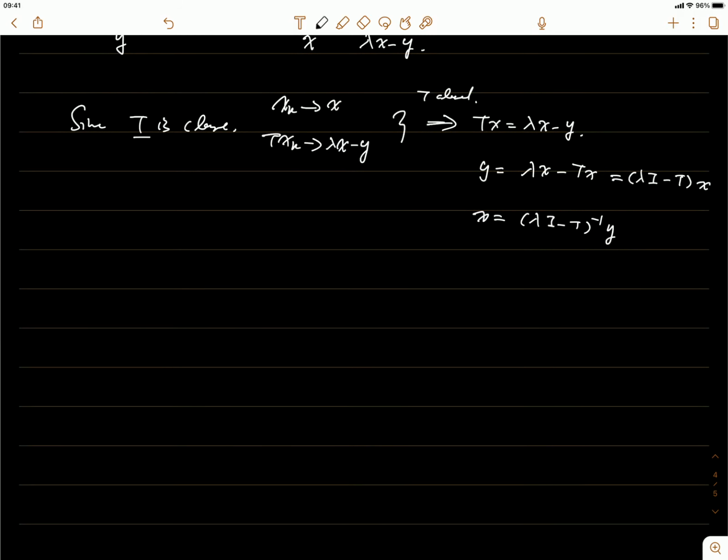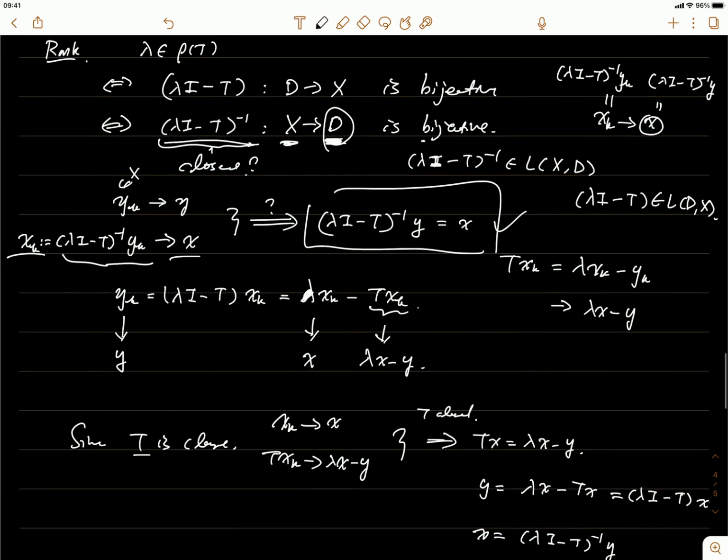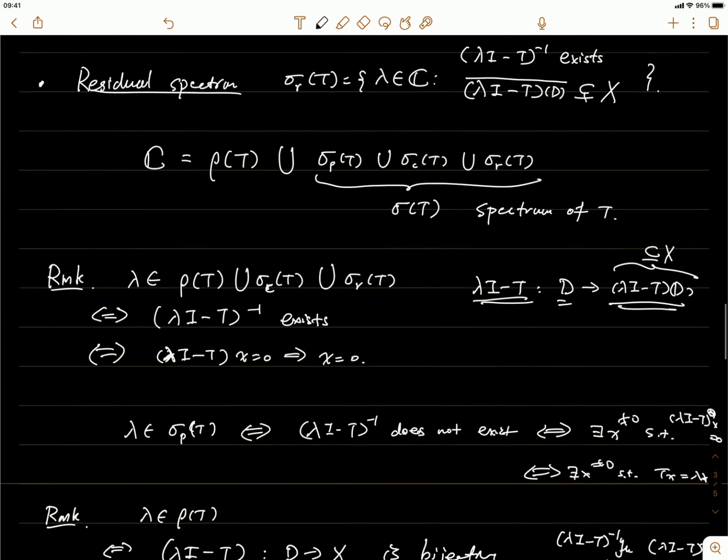Okay, now let's look at some examples. The examples below are just to show that all these scenarios of the spectrum may actually happen in practice, for infinite dimensional cases.